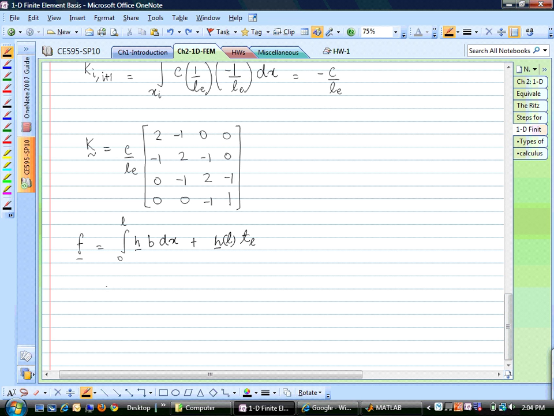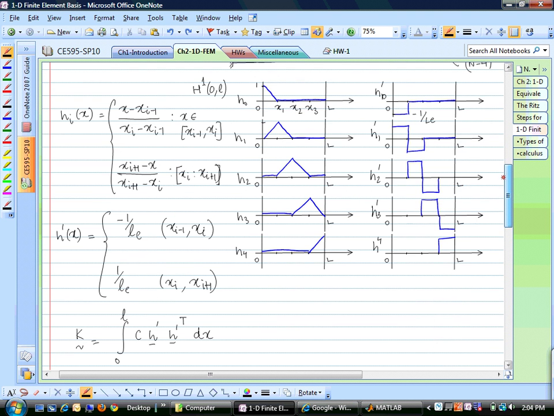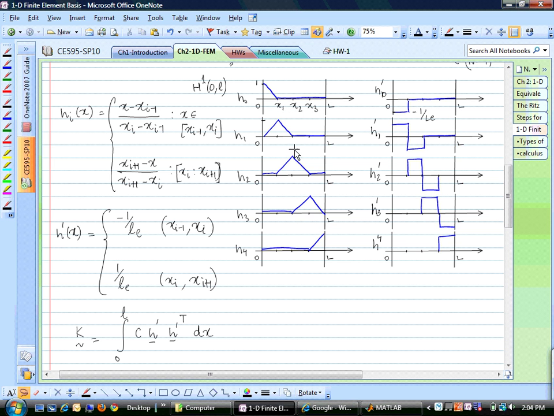So let me try to write this out again into this form. This is 0 to L, and all these H functions are right here. In this particular problem, our body force B is a constant.